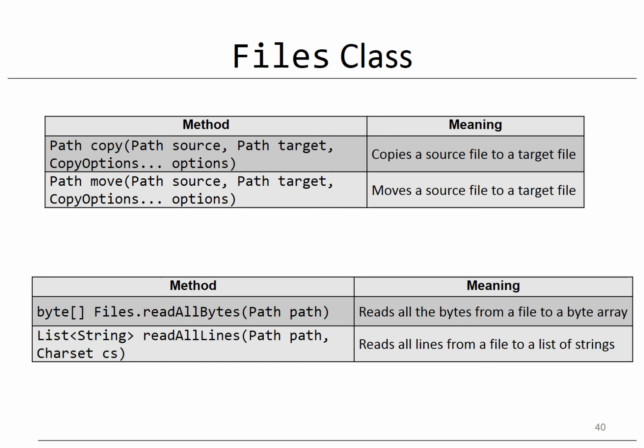The readAllLines method reads all lines from a file to a list of strings. This method also takes care of opening and closing the file for you. The charset parameter specifies which character set should be used for decoding the file. Using Charset.defaultCharset works best in most cases.